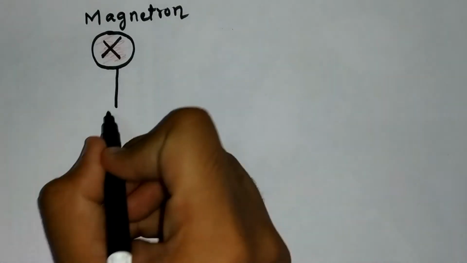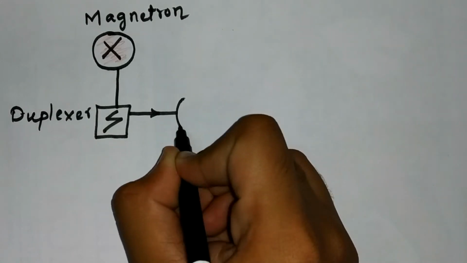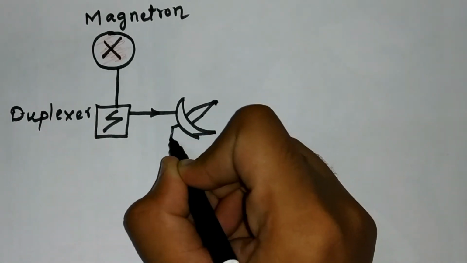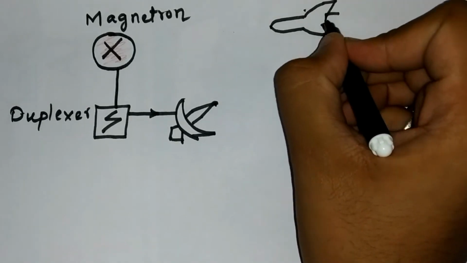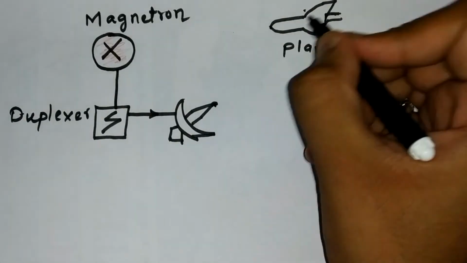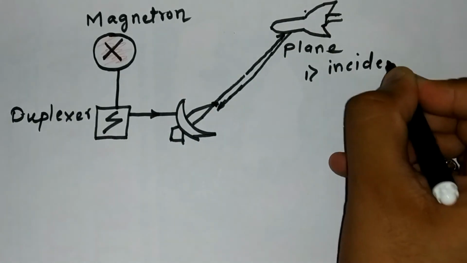Now we are going to understand the working of the radar. The magnetron generates the high frequency radio waves, which are sent to space with the help of the antenna. The duplexer switches the antenna to transmitter mode and sends the signal to space. After being sent, the signal intersects with some object and gets reflected.